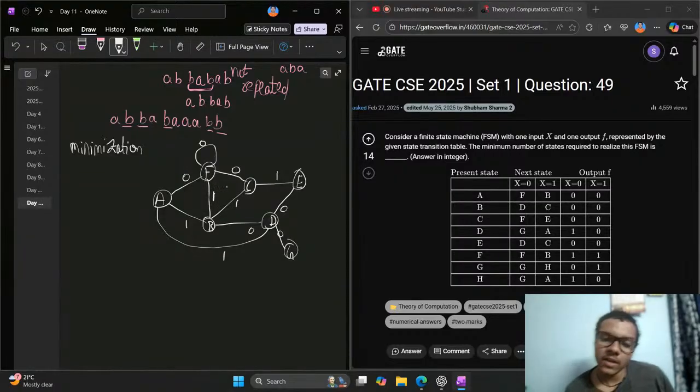Okay, you gotta draw the arrow diagram, arrow marks. A to F1, B to DC, C to FE.